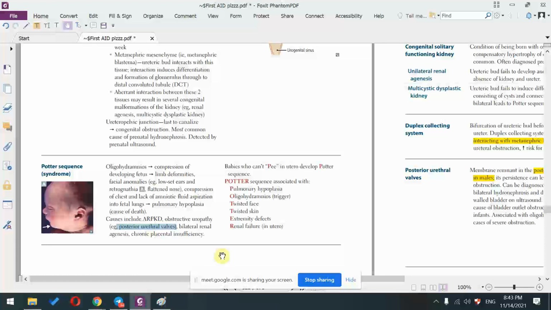Please notice, if I draw for you, let me actually use this. Here you have the vesicoureteral reflux problem. The posterior urethral valve, the problem is located where is the red box. Okay, the problem is here. So if the problem is here, you will have a problem in one kidney or two kidneys.